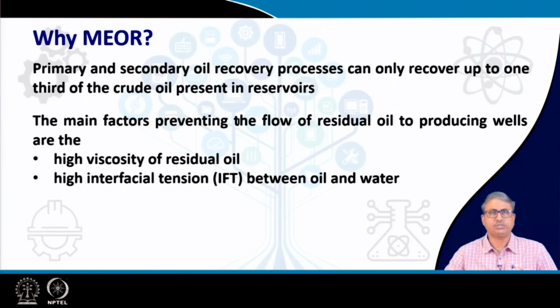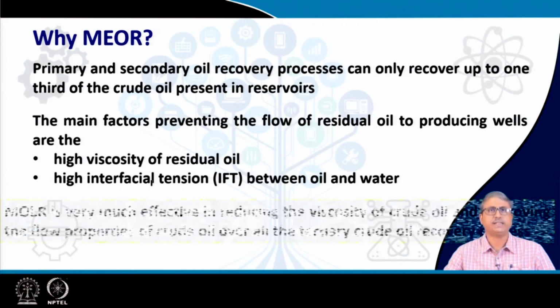The main factors preventing the flow of the residual oil, that is the remaining oil after extraction through the primary and secondary treatments, are basically the high viscosity of the residual oil, maybe the tars and other compounds which have very high viscosity, and high interfacial tension or IFT between the oil and the water.